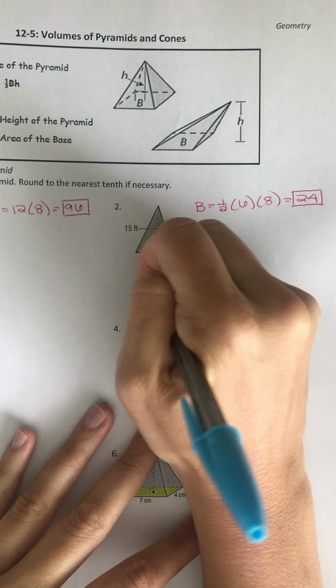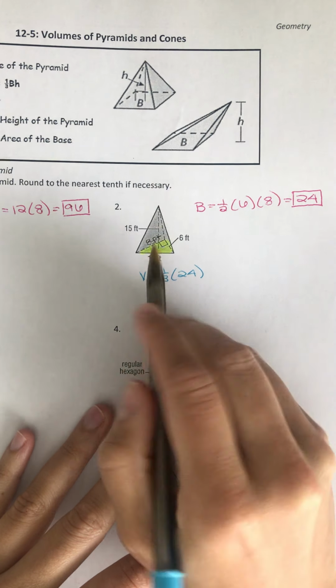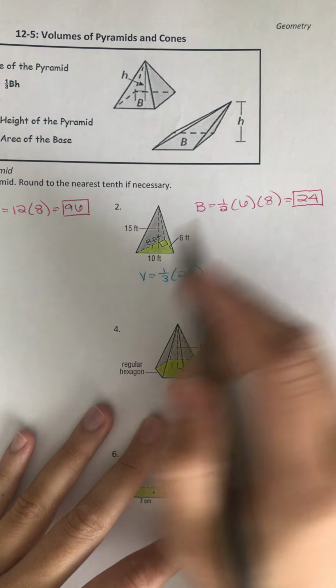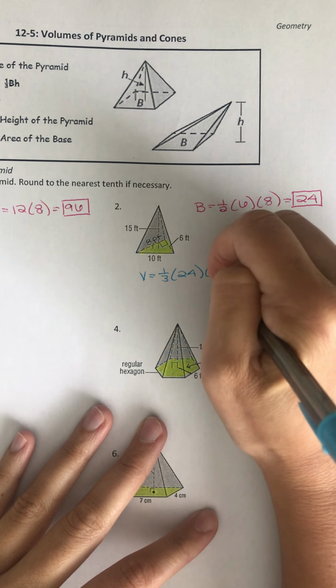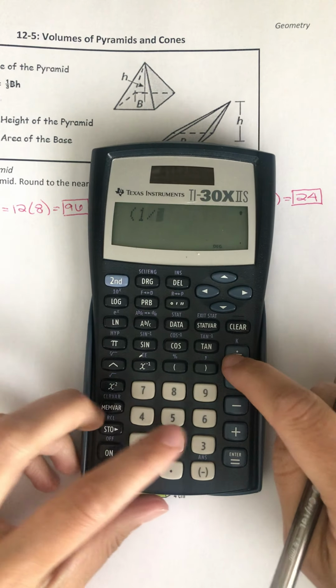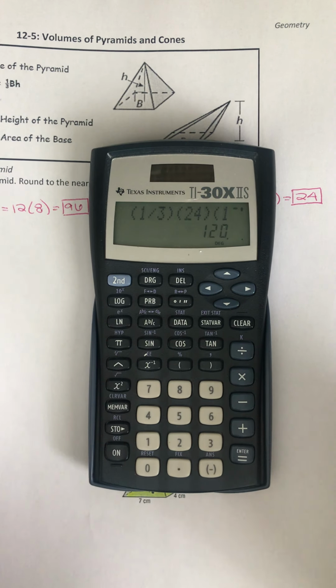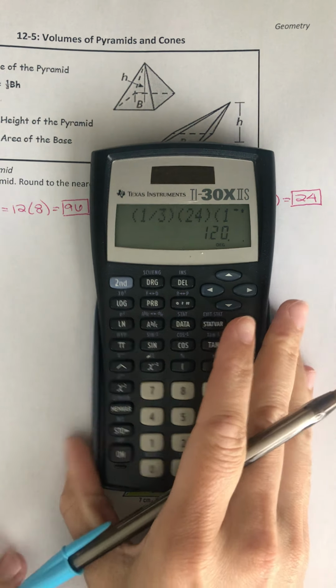So my volume is 1/3 24. My height is up here, this 15. So in my calculator, 1/3 24, 15, and it's 120.